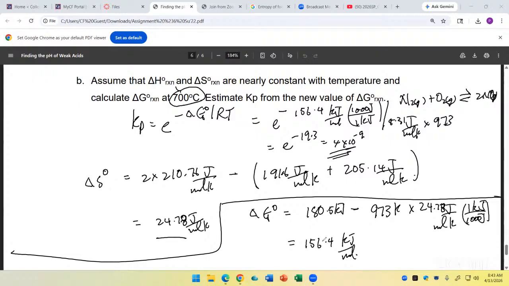Okay, let me do this again. 180.5 minus 973 times 24.78. Okay, so this part here, I got 156.4. It doesn't change things, right? Which leads to the same answer. All right. Okay. Any other questions about this one?